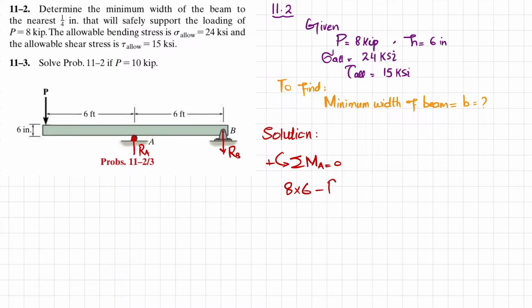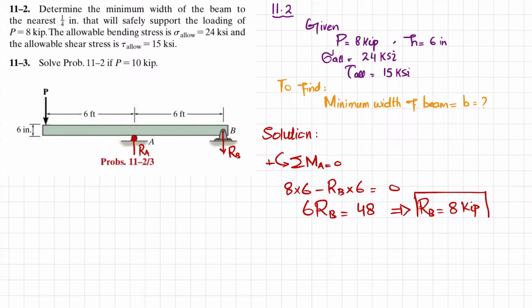So minus Rb times 6 is equal to 0. It means that 6Rb is equal to 48, and from here you will get Rb equal to 8 kips. Since the value is positive, our assumed direction, which was downward, is correct.